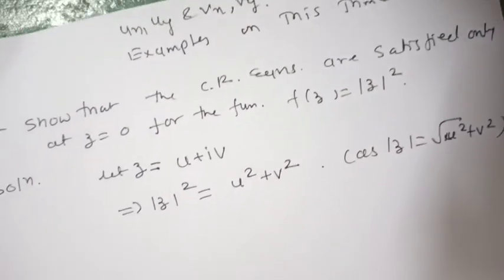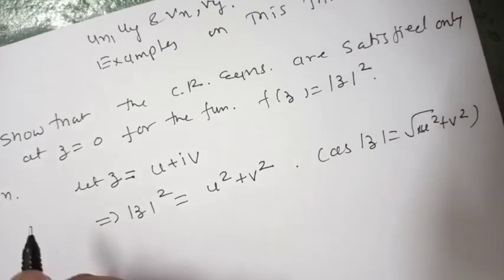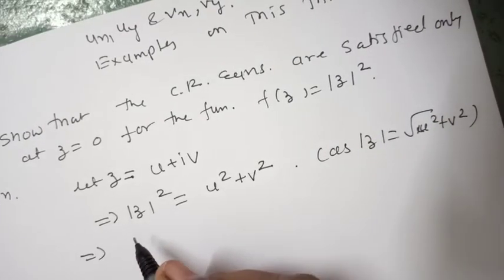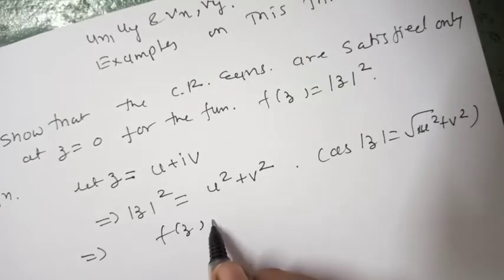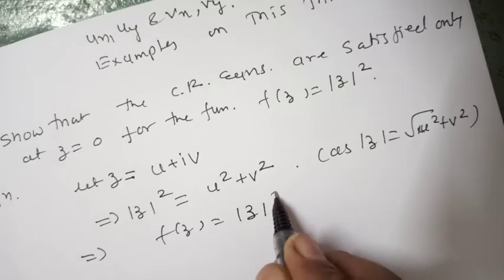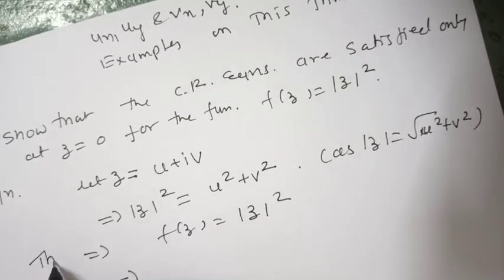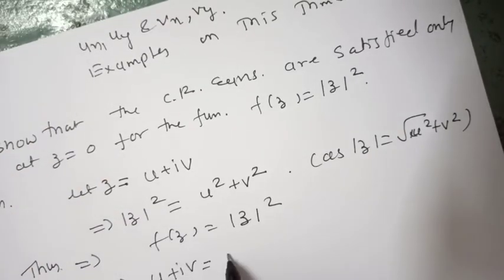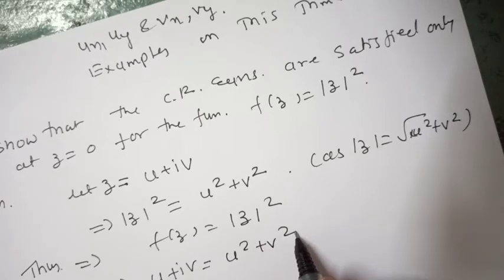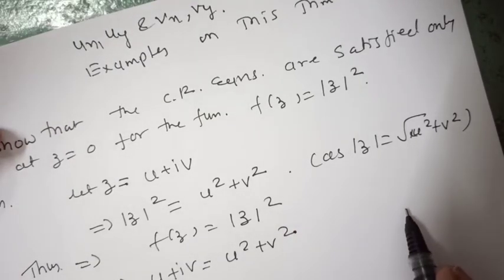So f of z equal to magnitude of z square implies u plus iv equal to u square plus v square, equating the real and imaginary parts.